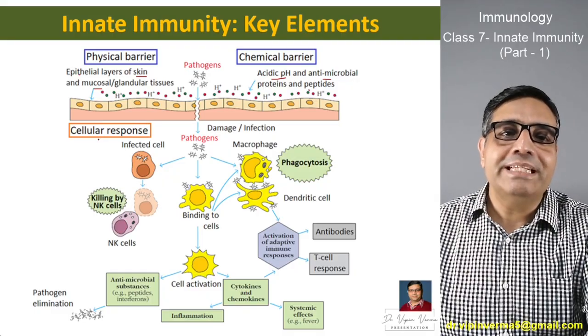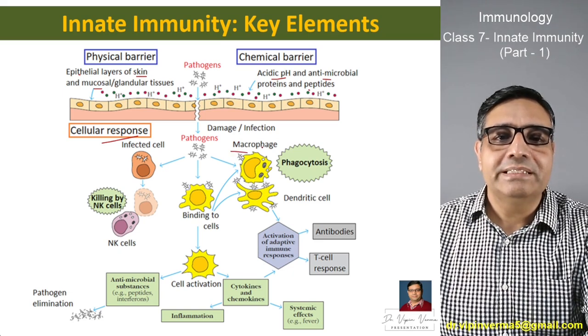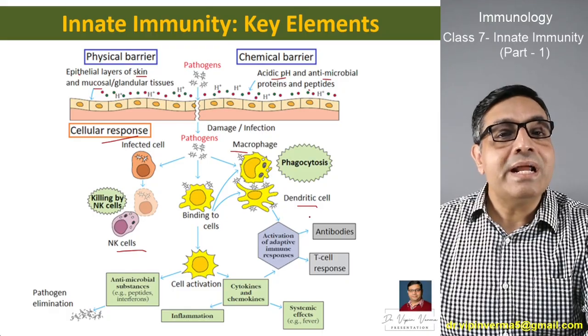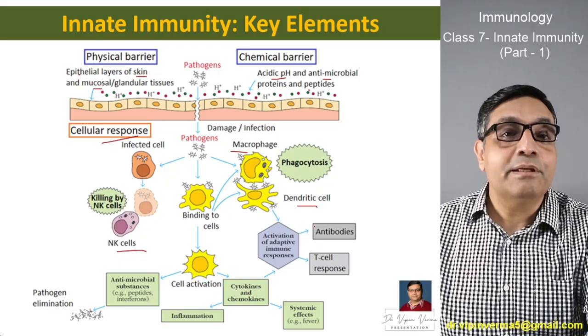Then we also have the cellular response. In the cellular response, we have different cells. We have macrophages, and then we have the natural killer cells, and then we have the cooperation with the dendritic cells, which activate the acquired branch of immunity, that is the T cells and the B cells.